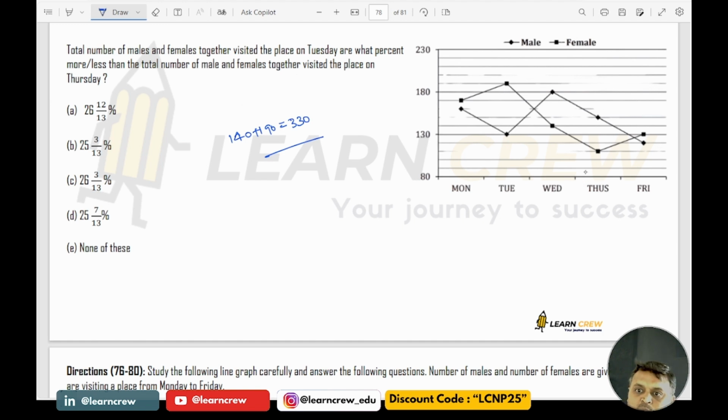Visited on Thursday, how much? 150 plus 110, which is 260. 330 is more than 260 by 70, divided by 260 into 100.